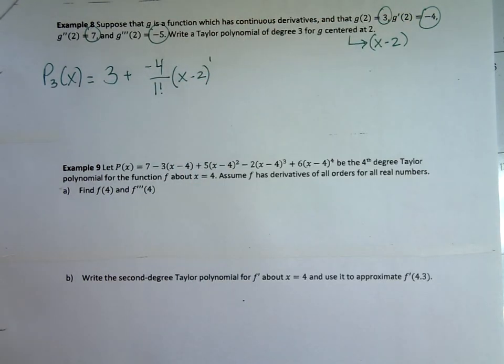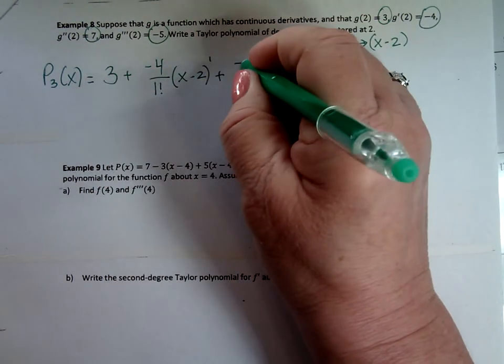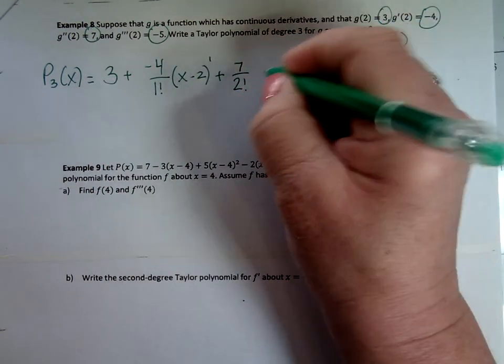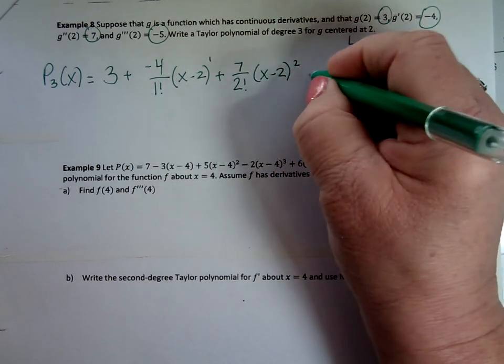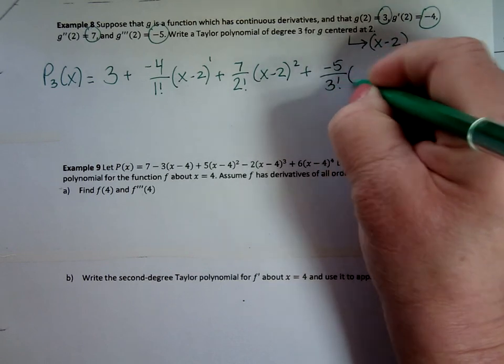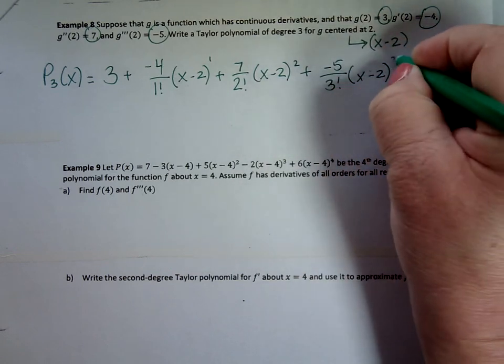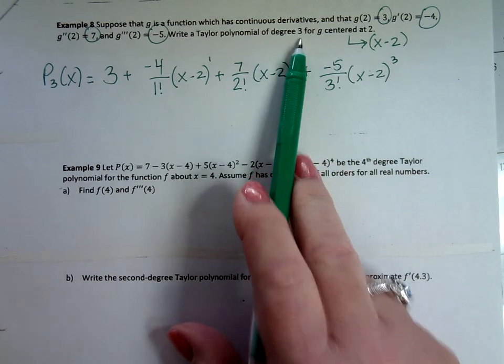All right, next one. 7 is your numerator, 2 factorial is your denominator, x minus 2 is your group squared, plus negative 5 over 3 factorial, x minus 2 grouping to the third power, and you have just generated a third degree polynomial, power 3. Let's clean it up.